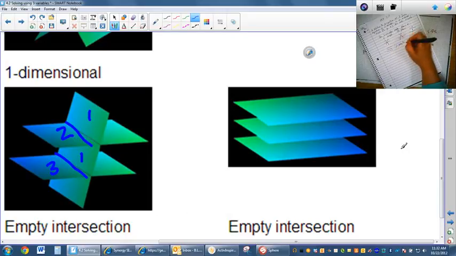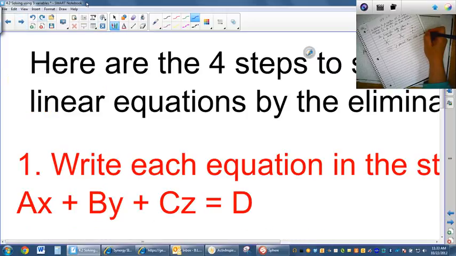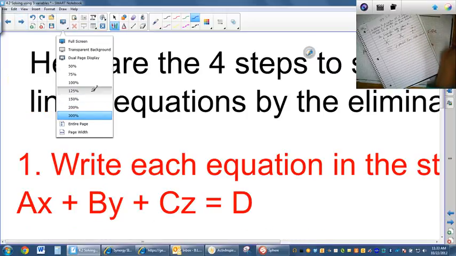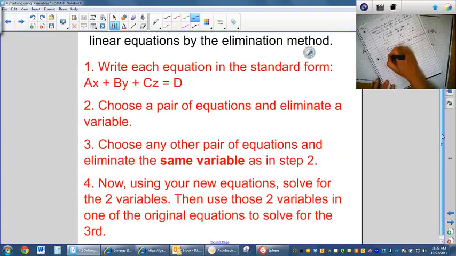We're going to talk about these different kinds of intersections. To start today, I'd like you to copy down the 4 steps to solving a system of 3 linear equations by elimination. This is going to be solving a system with 3 planes in 3 dimensions.